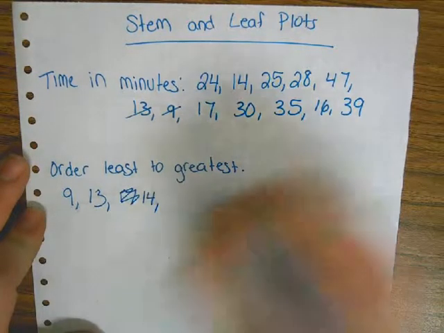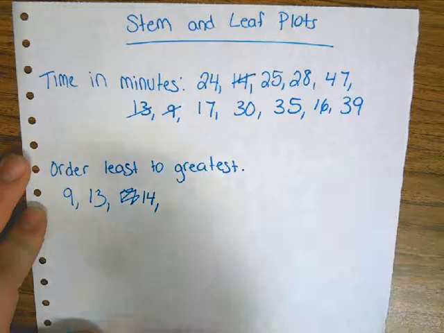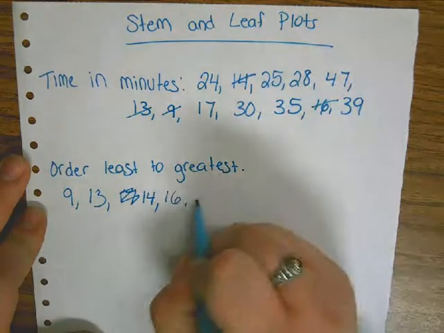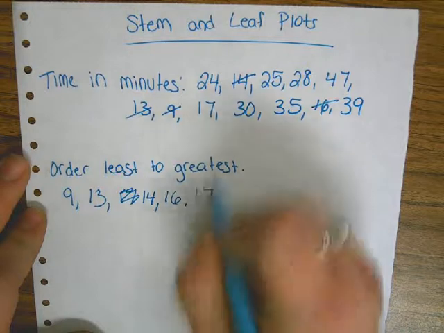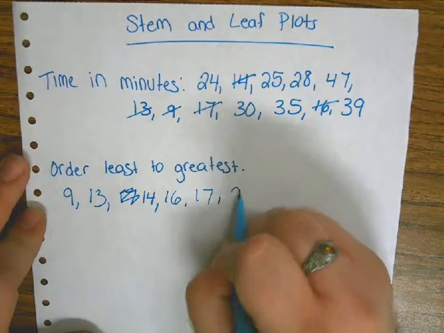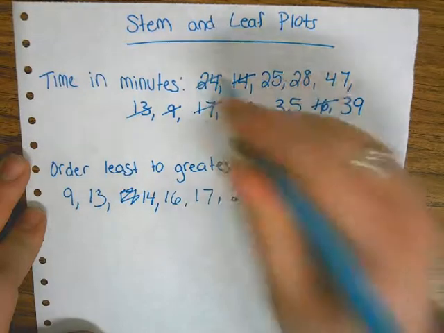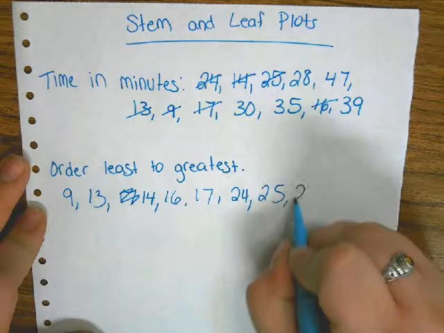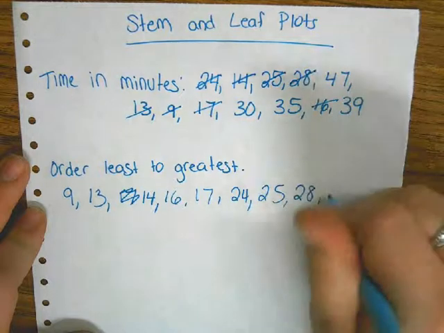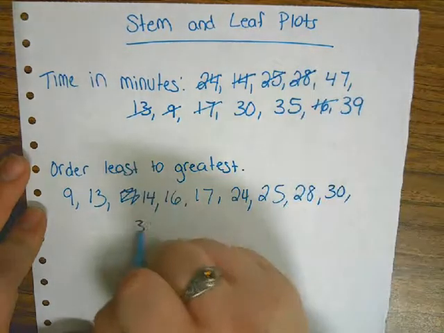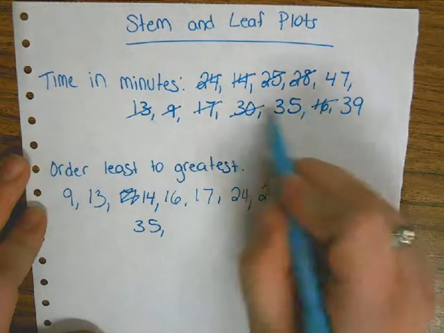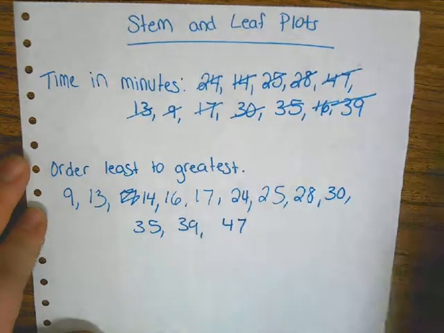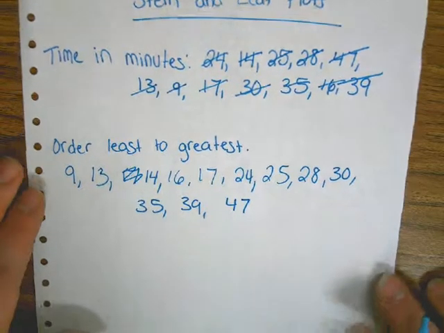Then what? 16. Then what? 17. 28. Okay, so I have my numbers in least to greatest order.